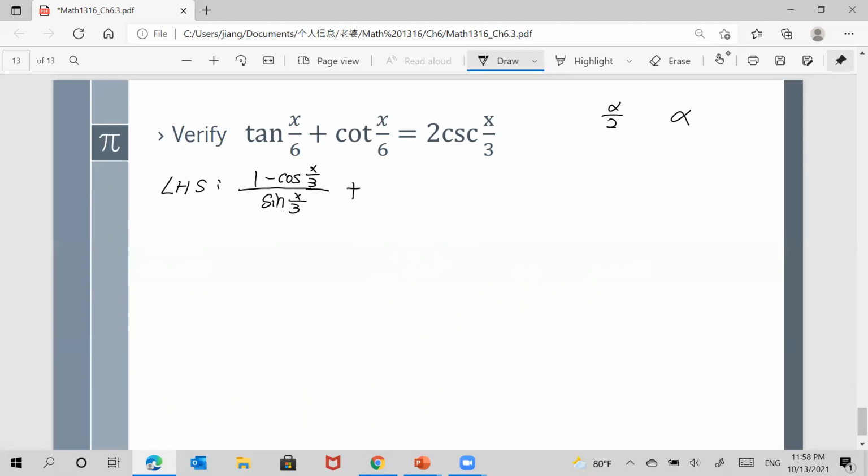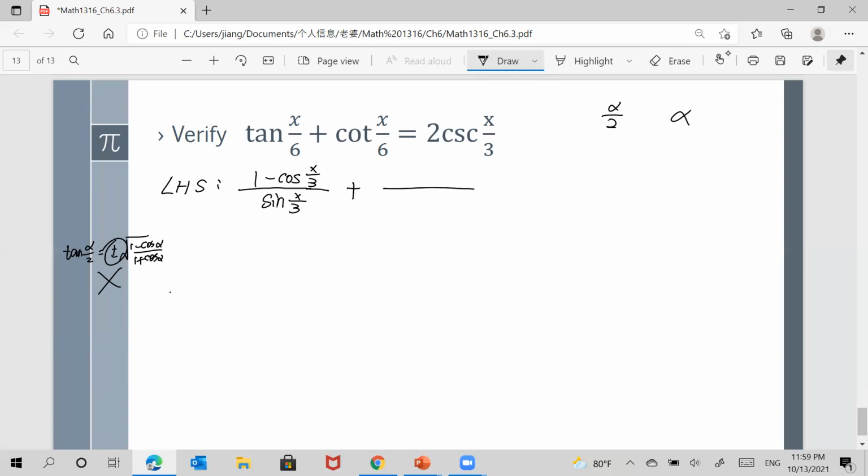Why do I do this? Because if I use tangent, or other formulas, they have a plus or minus symbol. Tangent alpha over 2 equals plus or minus square root of (1 minus cosine alpha) over (1 plus cosine alpha). So it has a square root and also a plus or minus sign, so we don't use this one. How about cotangent x over 6?